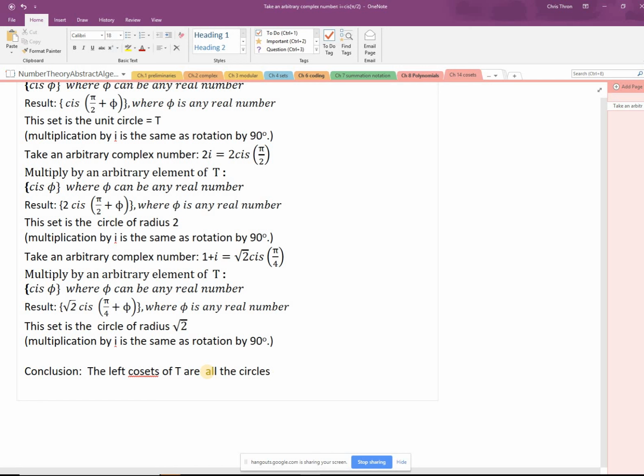Can I take any circle? For instance, could I take a circle whose center is at 1? Would that be a coset?